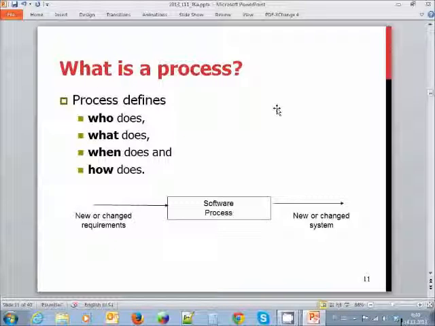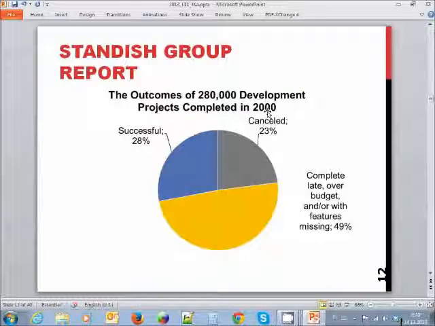So the problem with software processes is that they tend to perform really poorly.